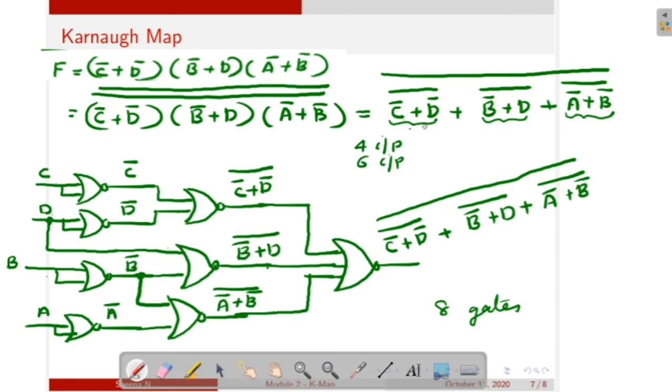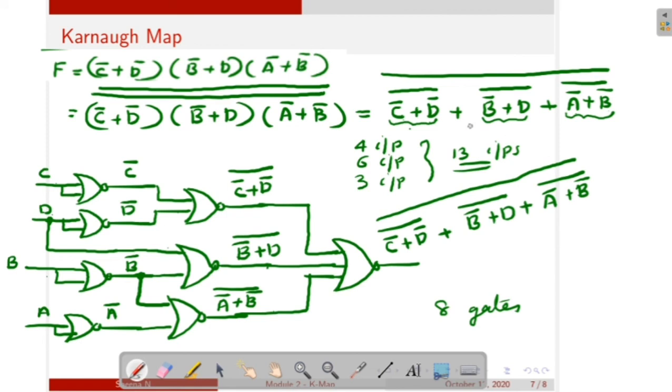Then for the last NOR gate, 3 inputs. So here there are only 13 inputs. So actually this NOR gate implementation is the real minimum expression, considering the number of inputs, but both use the same number of gates.